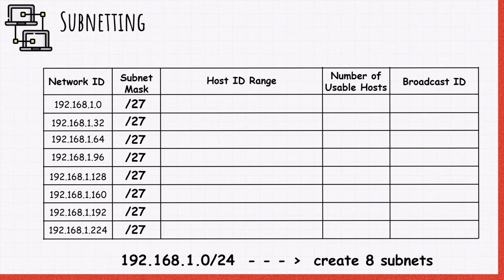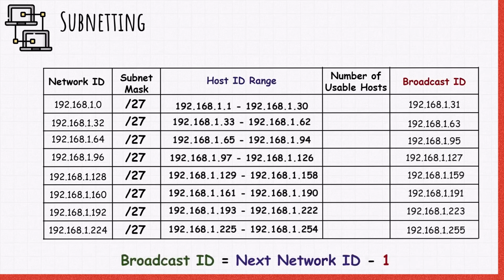Now, to calculate the broadcast ID, we can use the equation of the next network's ID last octet minus 1. So just to make it clear, the broadcast ID for each subnet would look like this, and we have the equation down below. You just take the next network's ID.